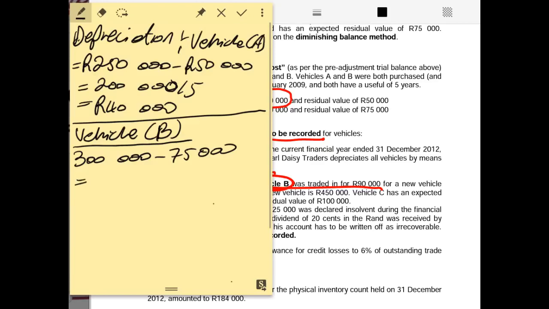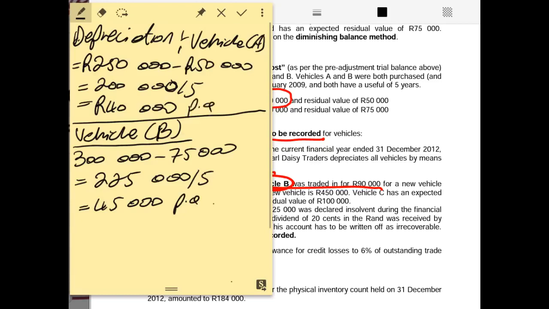Therefore, if we take 300,000 rands minus 75,000 rands, that will give us 225,000 rands as the depreciable amount. Then we divide once again by the useful life of the asset being 5 years. That will give us 45,000 rands.